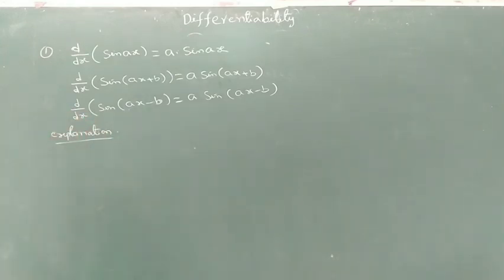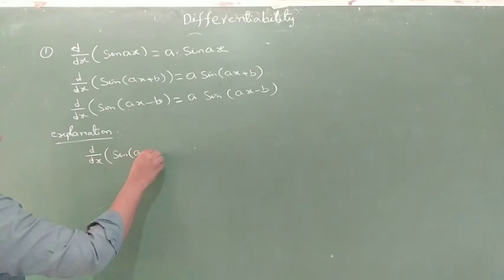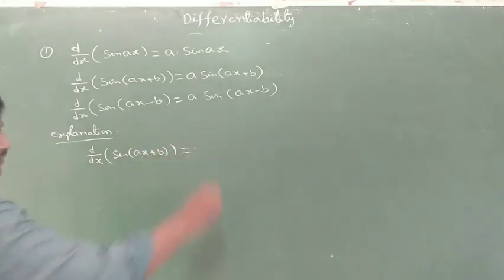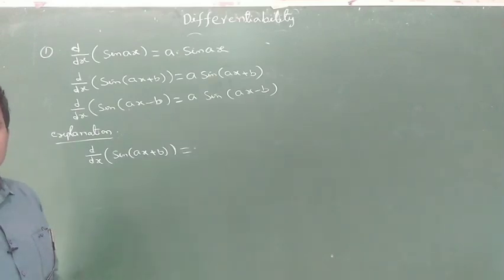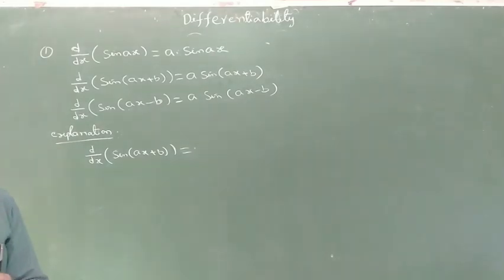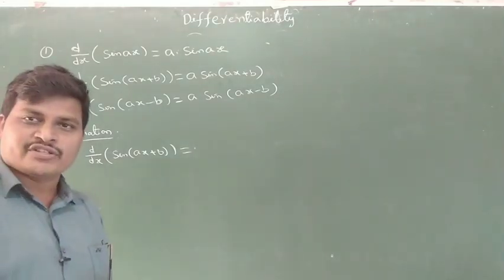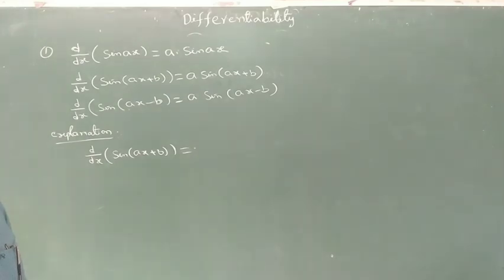First of all, d by dx of sin of ax plus b. Which function is it? Sine function. First we have to decide which function this is: exponential function or algebraic function, trigonometric function or inverse trigonometric function.